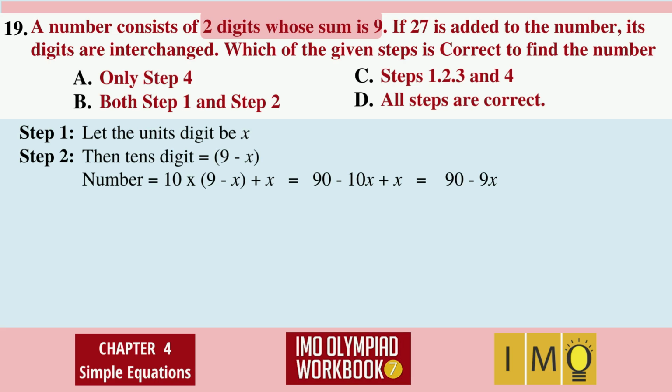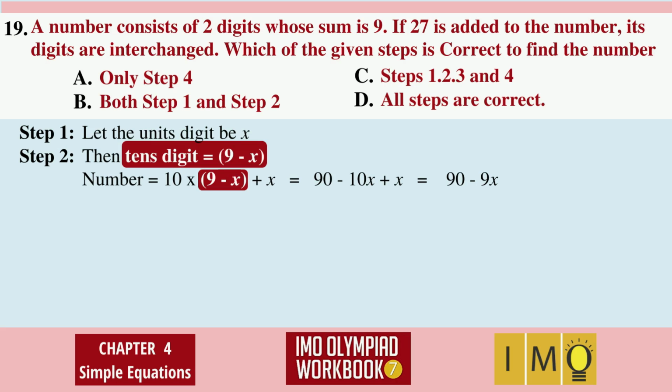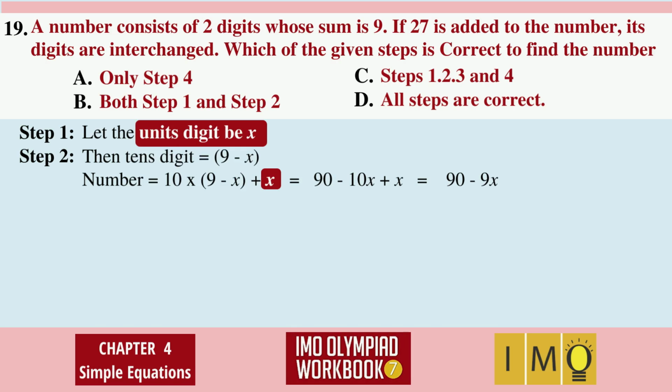Also, in step 2, we have the number is equal to 10 into 9 minus x plus x. This is just the expanded form of any number: 10 into the digit in the tens place plus the number in the units place. Multiplying further, we get 90 minus 10x plus x, which is 90 minus 9x.